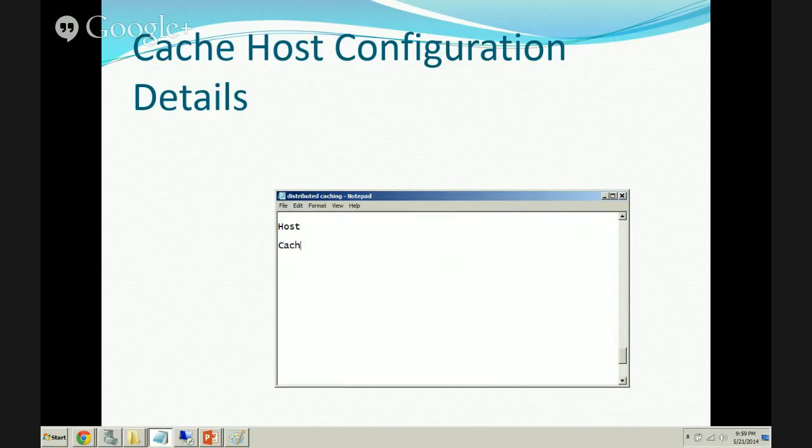Then we also look at configurations at the cache level, and we look at configuration for individual caches. So these are the various level configurations, and we have the distributed cache configuration. So there are three levels of configurations that we look at as far as configuration is concerned.